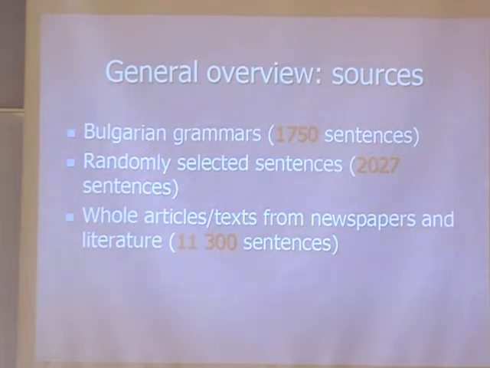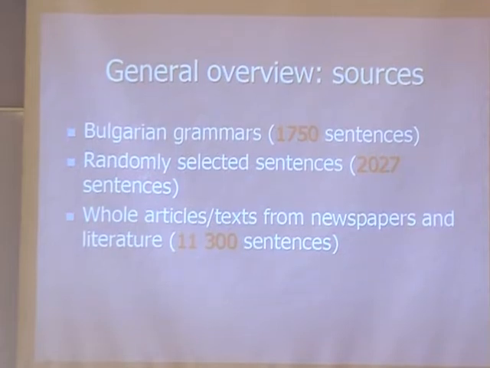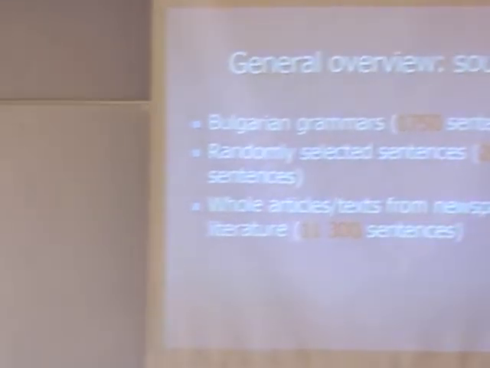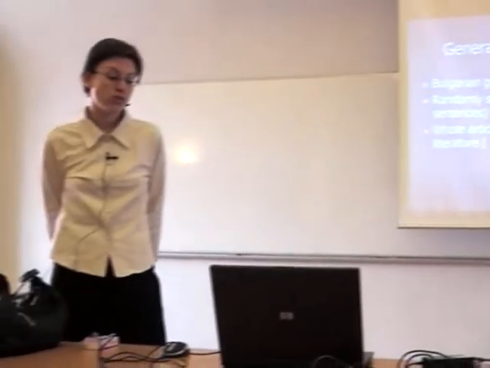And of course, here we have already predefined analysis, and that's why we call it the core set of sentences. All important phenomena should be included in these grammars. Then the second layer is the randomly selected sentences from newspapers or from literature, more recent kind of prose.